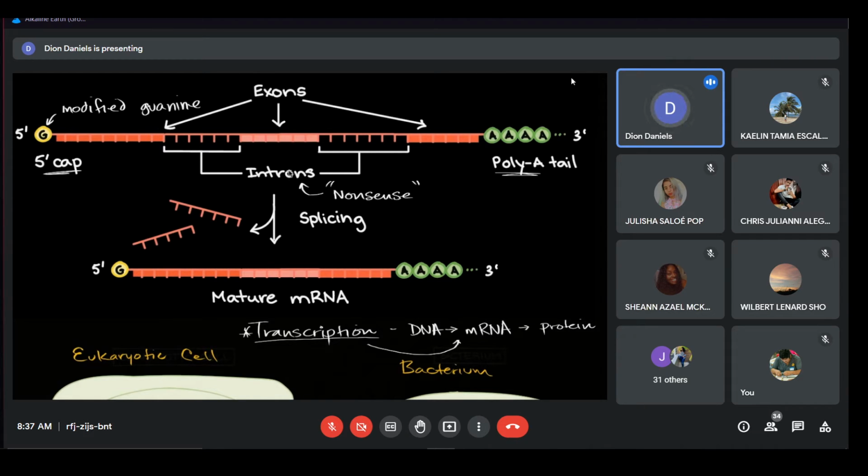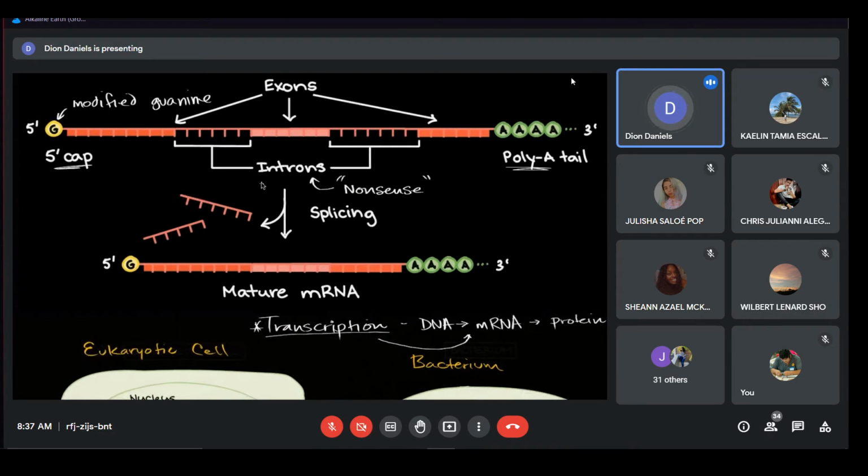And so these are processed out. They are spliced out. I'm not going to go into all the details of the actors that cause the splicing, but as part of this eukaryotic processing, you add the cap, you add the tail, and then you splice out the introns. And then once you've spliced out the introns, all you have left are the exons.